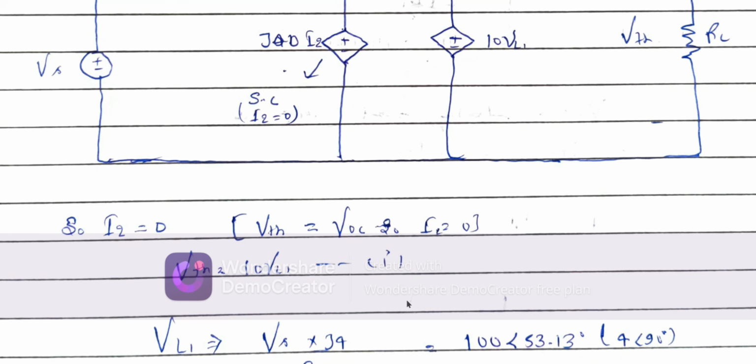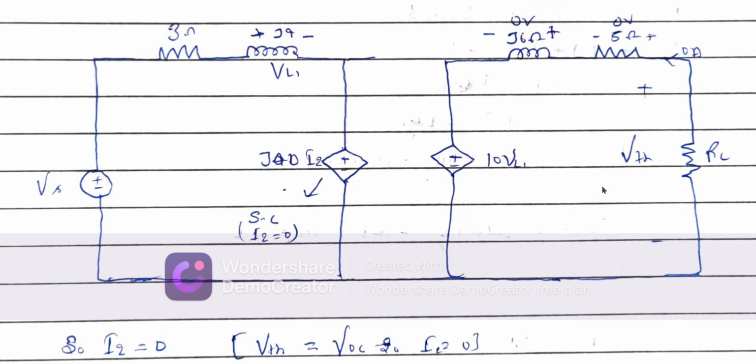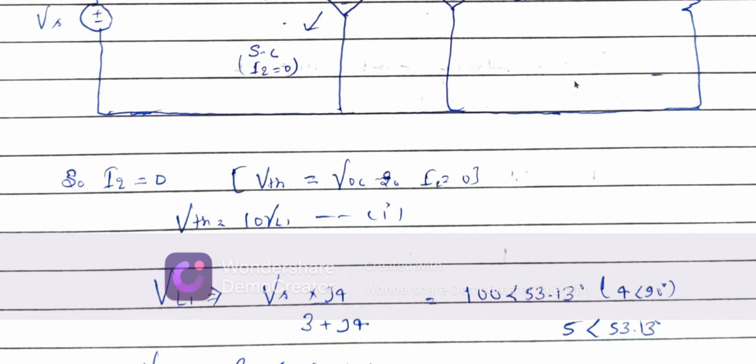Because of the open circuit voltage, if you apply the voltage source, the current will be zero. That's why I2 is equal to 0 ampere, which means the voltage across it is equal to 0. So VTH is equal to VOC.